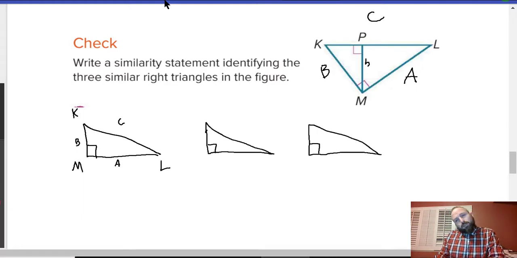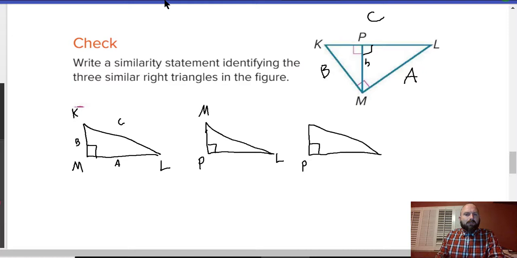The next one, it looks like it's going to be P right here, so I'm going to put P. And it looks like the other triangle is P as well. So PM is going to be short in comparison to this one, PL.